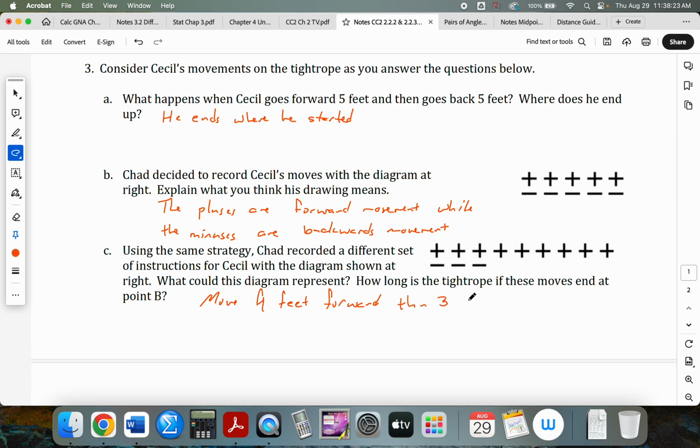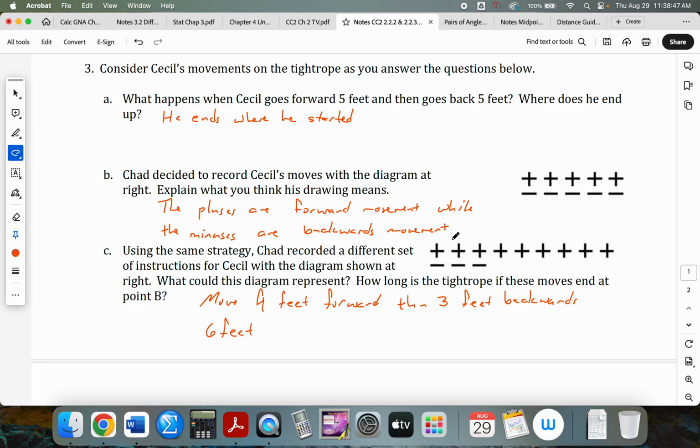Then 3 feet backwards. How long is the tightrope if these end at point B, which was the end of the tightrope? It's 6 feet.